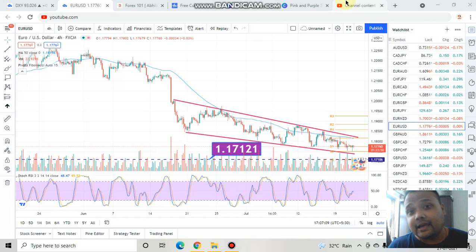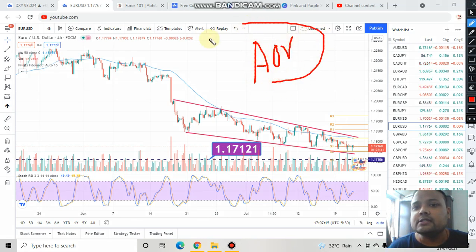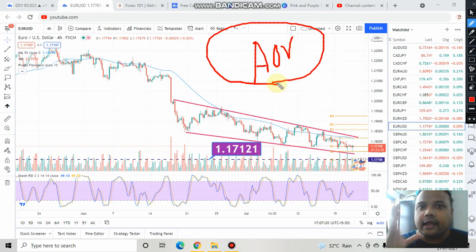And as I have already said in my hundreds of videos, before executing any order, we need to find the area of value. Area of value is nothing but the best trading opportunity. In an uptrend market, the area of value or the best buying opportunity is always near the support, whereas the area of value in a downtrend market is always near the resistance.